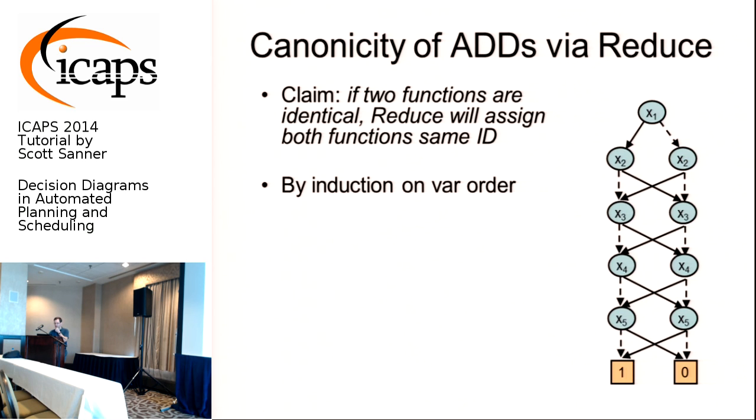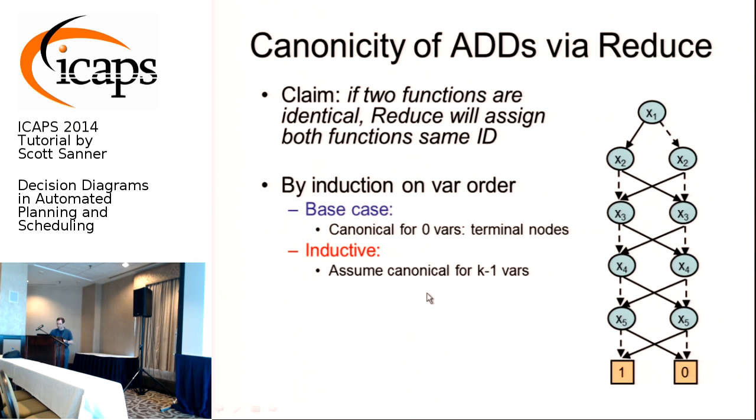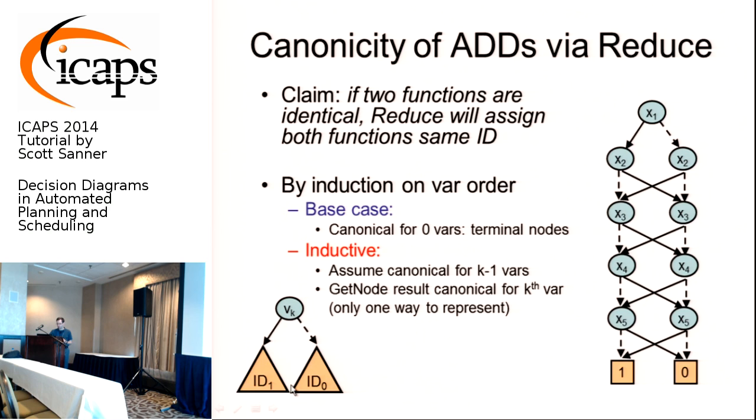It's pretty easy to prove that this is a canonical representation. You do this by induction on the variable order. So the base case is you say, do I have a canonical representation for the functions with 0 variables, so just the leaves? It's pretty easy to show that if you have a hash table that returns a unique ID for every leaf value, then yes, that's true. Then inductively, you assume that your functions are canonical for k-1 variables. You say, are they canonical now for the case of k variables? So for the case of k variables, you only add one decision and one true branch and one false branch.